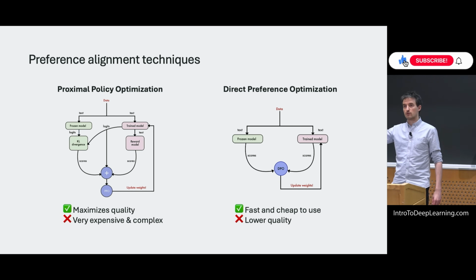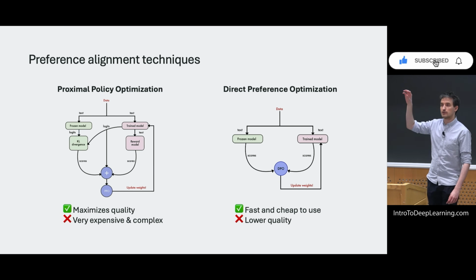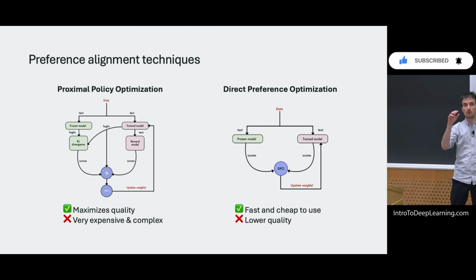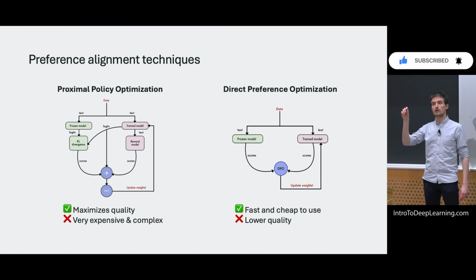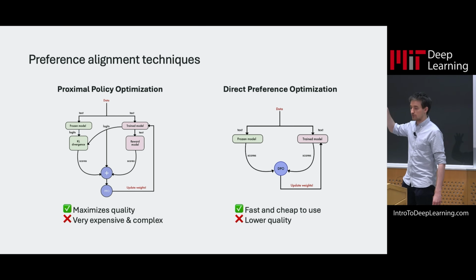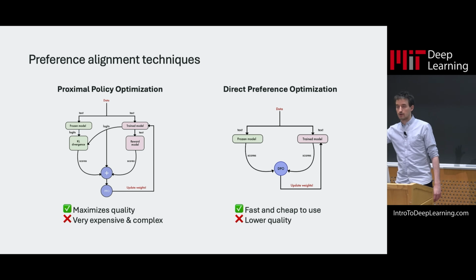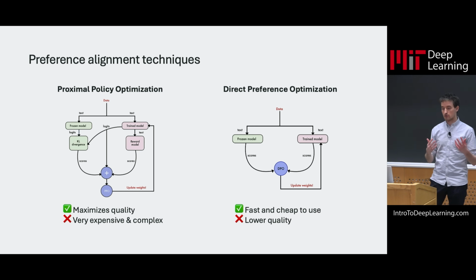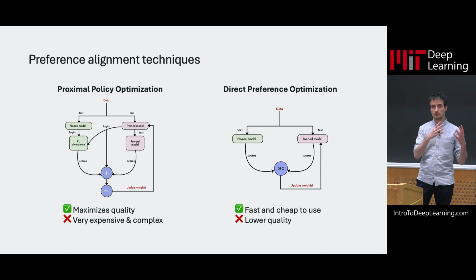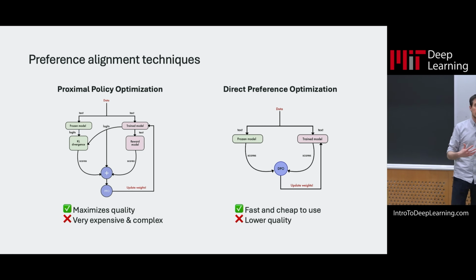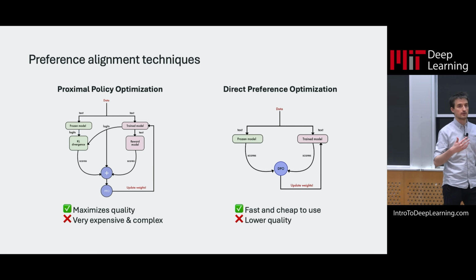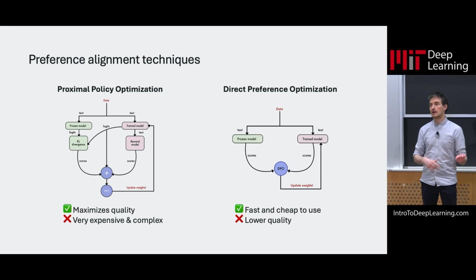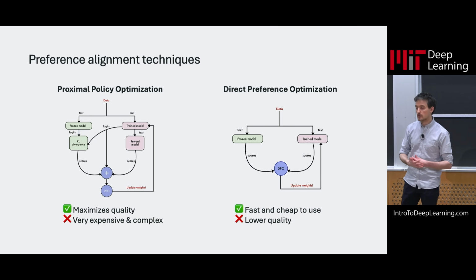And to make sure that your trained model is not deviating too much from the initial policy, so from the model before it started training, you also have KL divergence to make sure that you're not diverging too much. So this is good in terms of quality. It will maximize quality, but it's very complex. It is very costly to run, and so it's not really recommended.